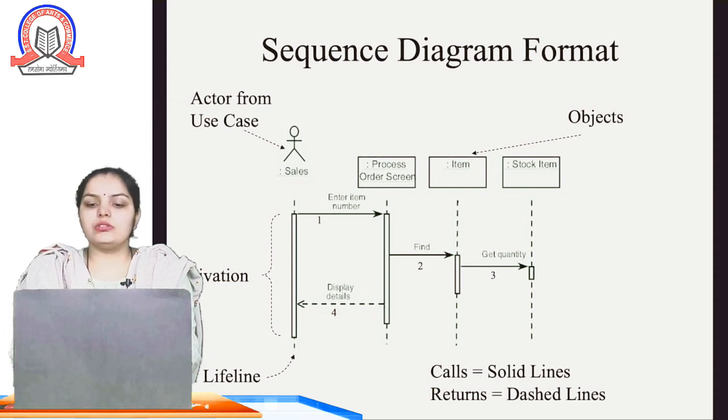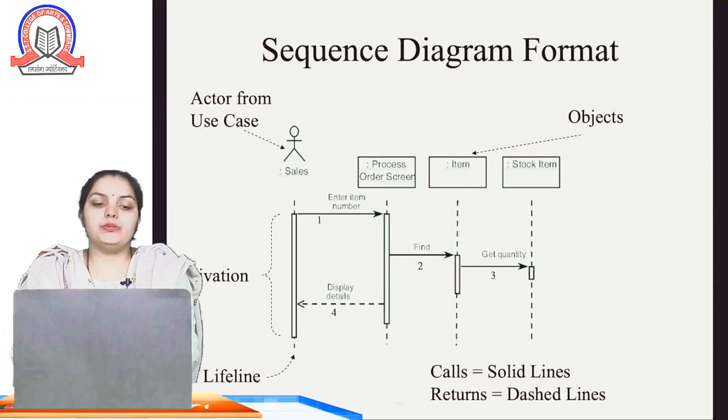Activation shows the passing of messages, means that the link is activated, and the lifeline shows who is getting the message from where. Okay, so the solid lines represent the calls with an arrow, and the dotted or dashed return line shows the return messages, means the reply from that person.